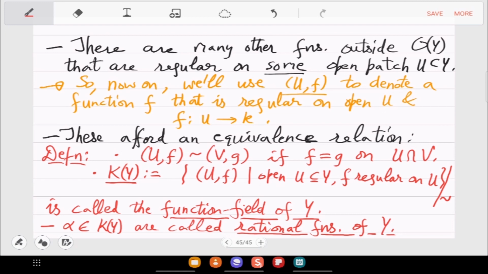And the first one is a ring, the second one is a field. And obviously OY is a subring of KY. Is that clear? Okay.